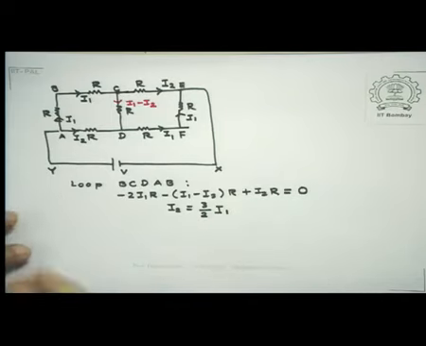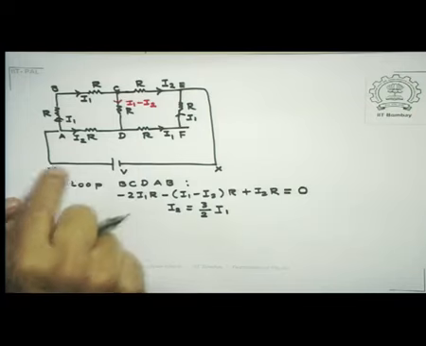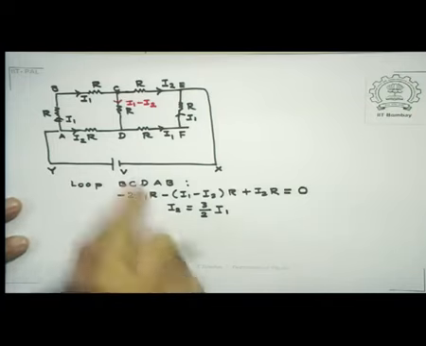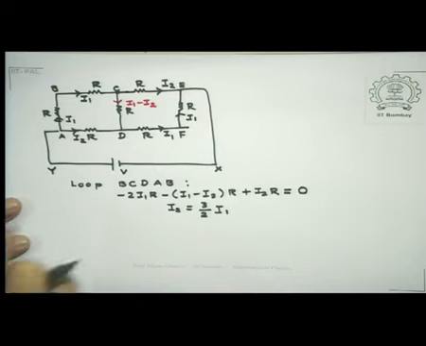Now let us look at the other loop. Remember, I had only two unknowns there, so I need the second loop with a V in it.